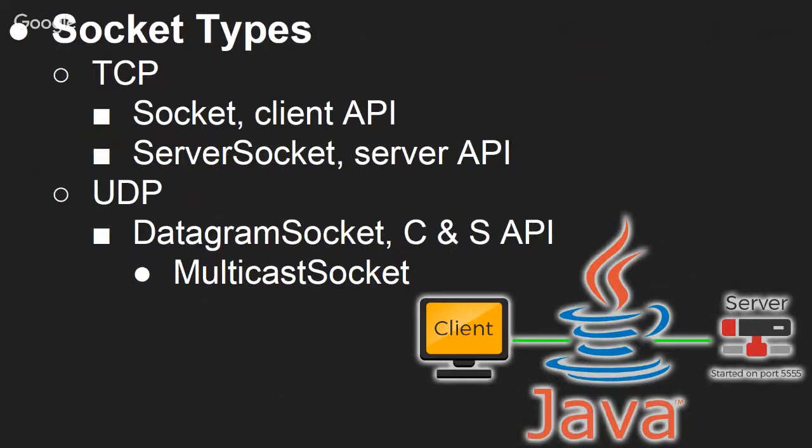TCP reads data as a byte stream, and messages are transmitted without segment boundaries. UDP messages are packets which are sent individually and on arrival are checked for their integrity. Packets have defined boundaries while a data stream has none.